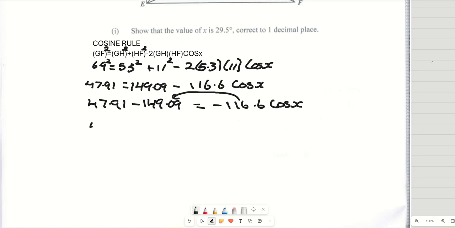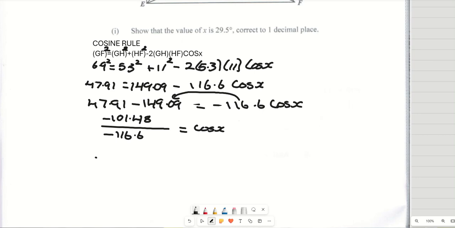When I subtract 47.91 minus 149.09, I'm going to get negative 101.48, and I'm going to divide across by negative 116.6, which is equal to cos x.